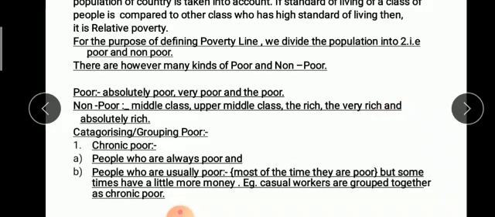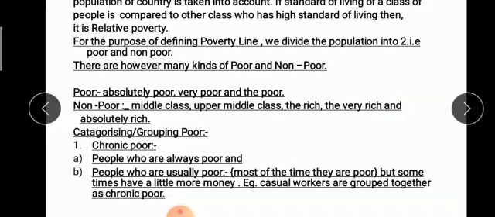The poor types are: absolutely poor, ekdam poor, the BPL population, below poverty line population. Absolutely poor, very poor, बहुत गरीब, and poor, गरीब. Non-poor are middle class, madhyam varg, upper middle class, the rich, the very rich, and absolutely rich.